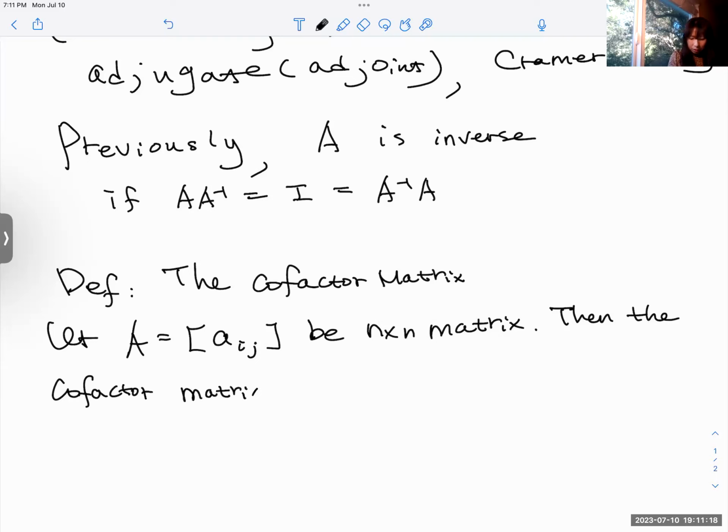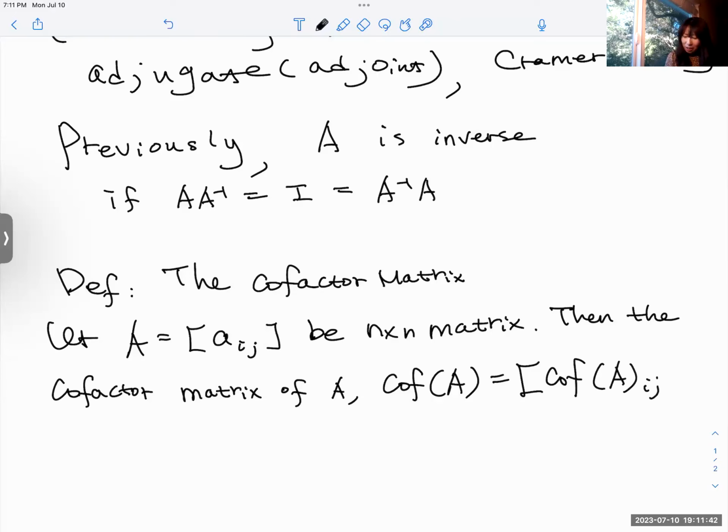The cofactor matrix of A, we denote it like this. Cofactor matrix of A, with IJ entries, right?